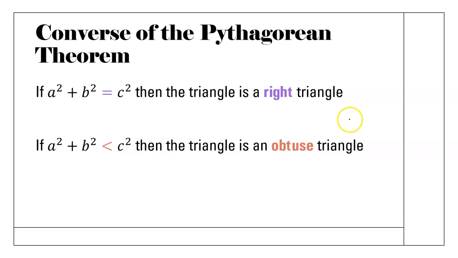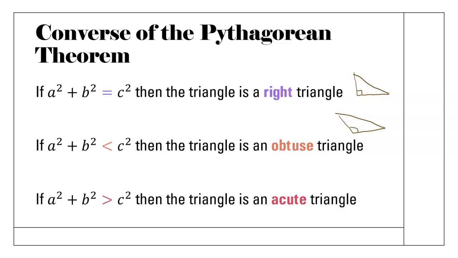A right triangle means that we have a right angle in our triangle. An obtuse triangle means that we have one angle that is bigger than 90 degrees. And if a squared plus b squared is bigger than c squared, then we have an acute triangle, which means that all of the angles are less than 90 degrees.